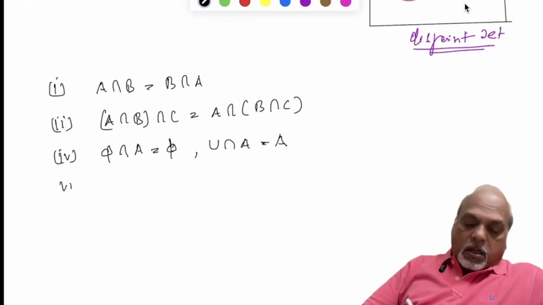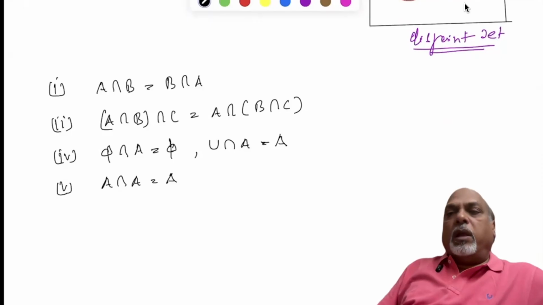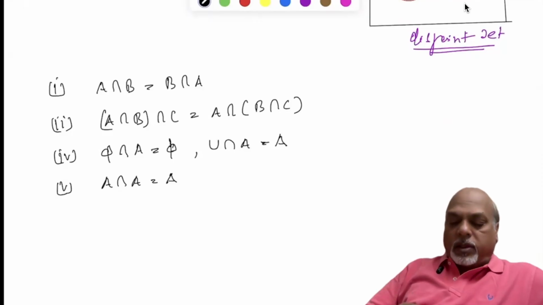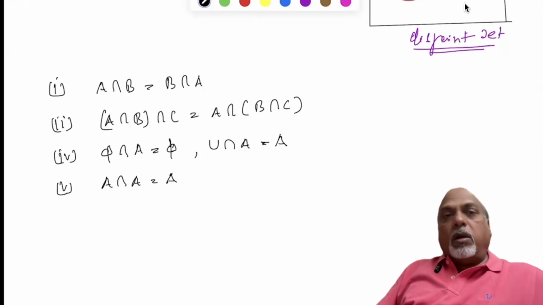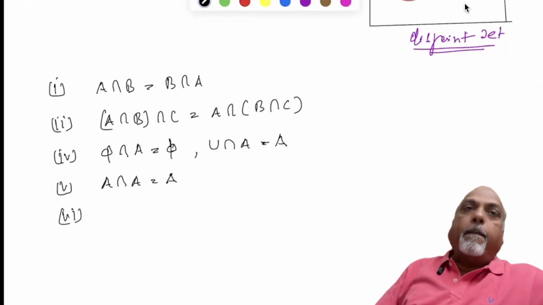Then A intersection of A will be A only, because all the elements are existing in A. Correct? This is called idempotent law. Correct?